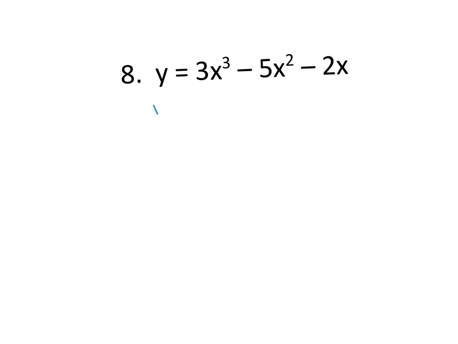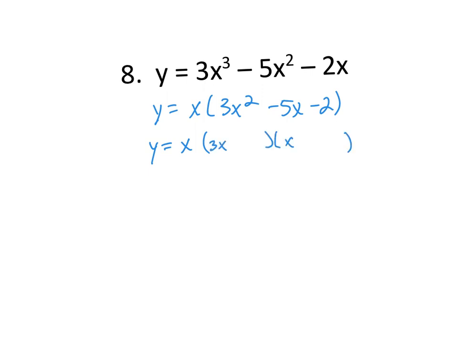See, I can pull out an x here. And this one should be a little easier to factor than the previous one, because for 3x squared, the only options are 3x and x. And then for 2, it's just 2 and 1.